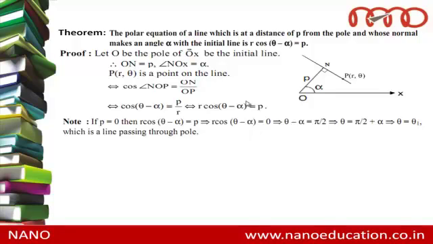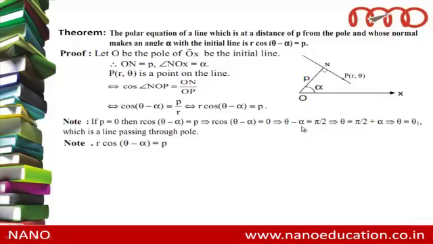If p is equal to 0, that is, the distance from the pole is 0, then you get a line which is passing through the origin, and its equation will be given by r cos(theta minus alpha) equal to 0. r can't be 0 for every point on the line, so cos(theta minus alpha) has to be 0.